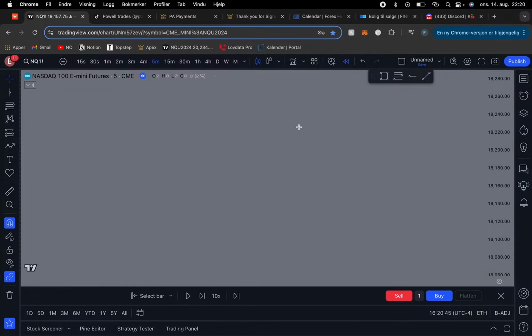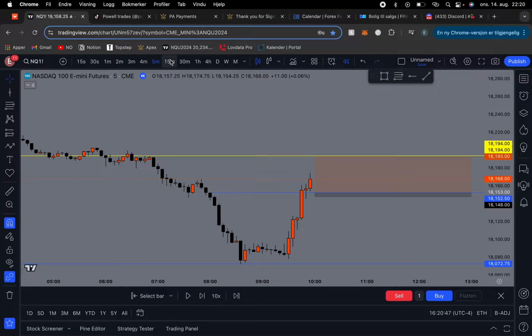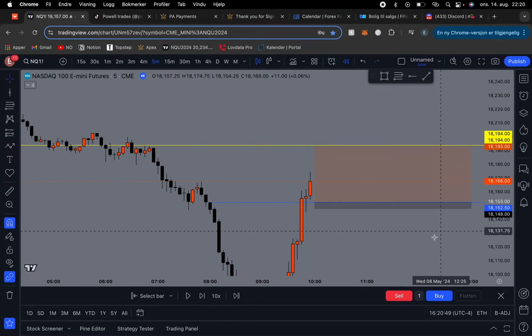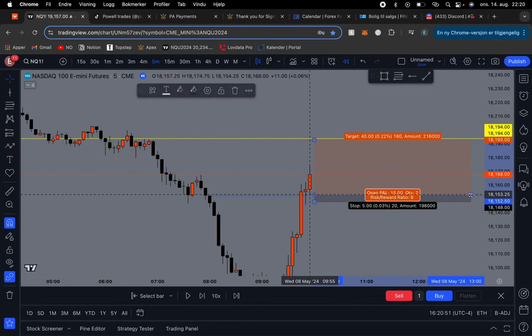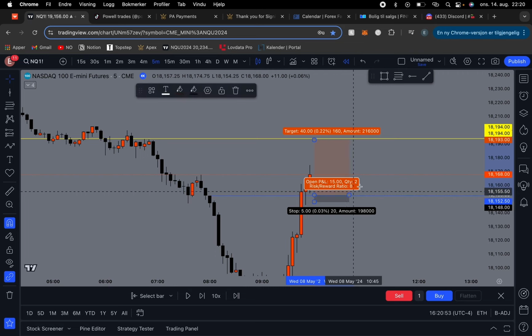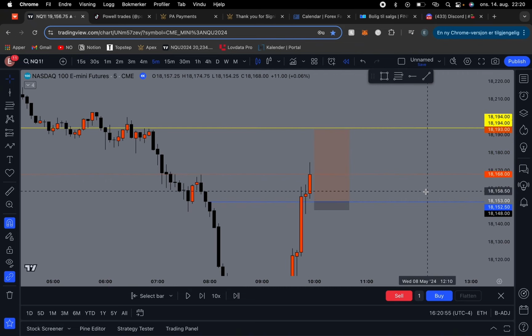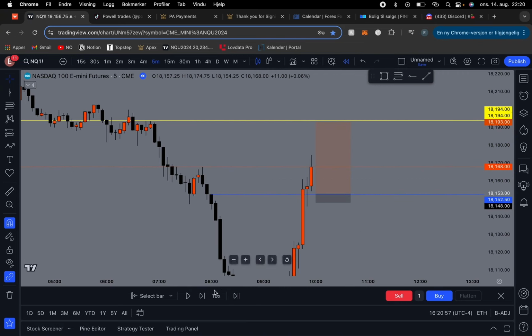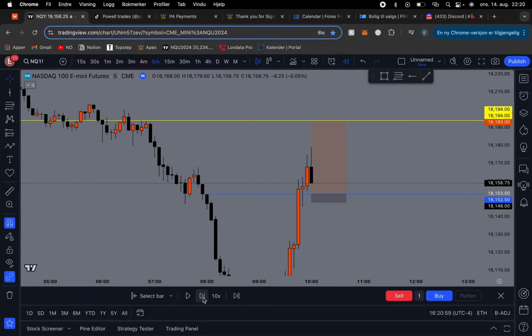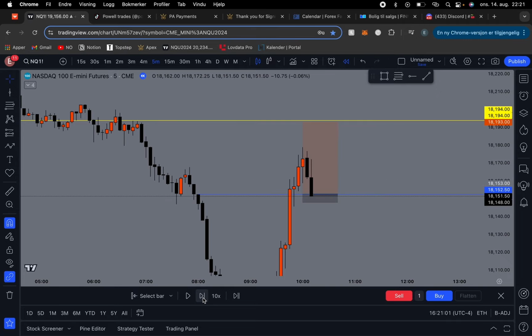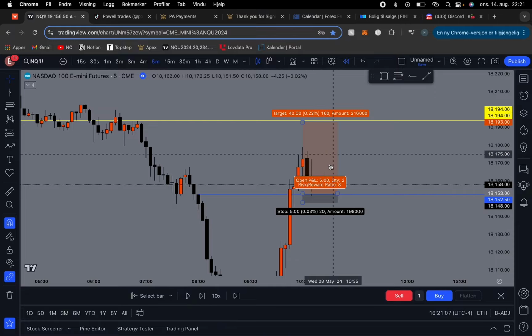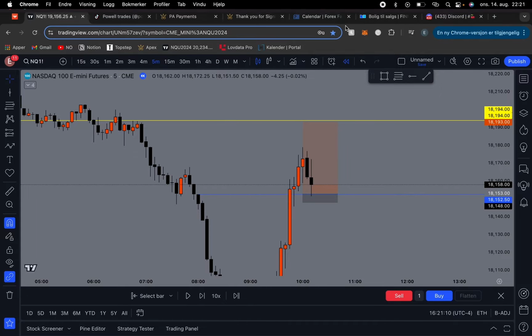So if we scale down a bit, we can see we can put our entry 2 ticks above the opening price. We can put our TP at true day open. It taps you in, touches the opening price. Let's say you did a 5-point stop. I think that's what I did on this one.